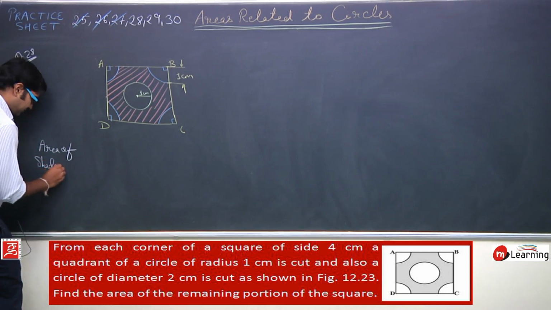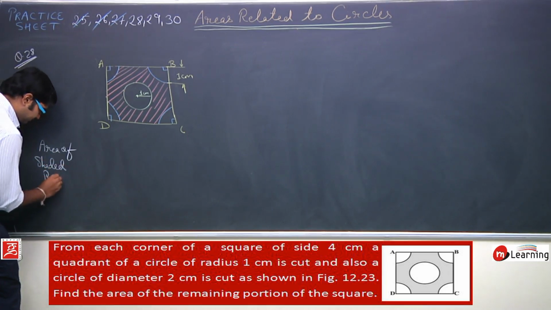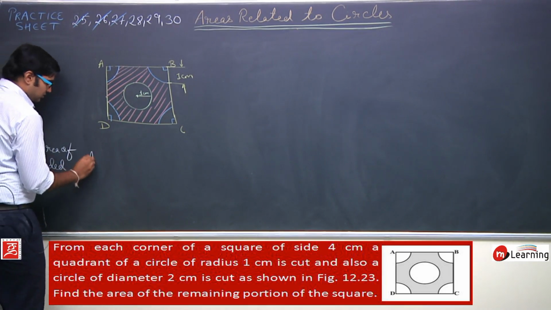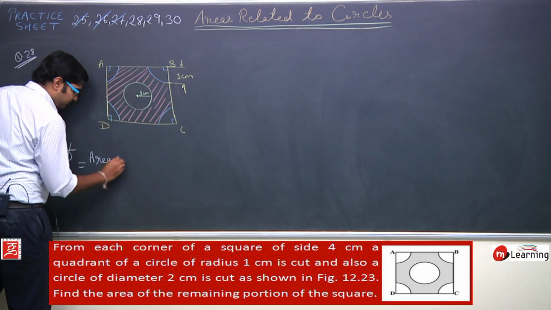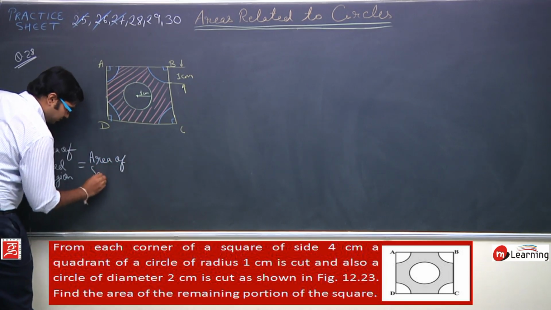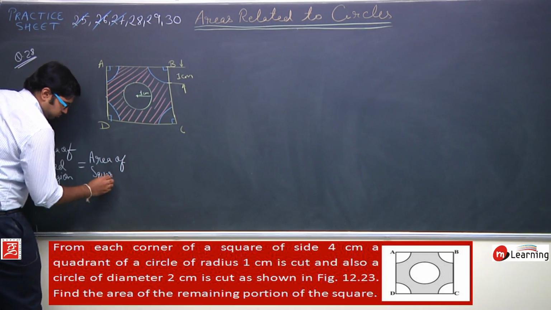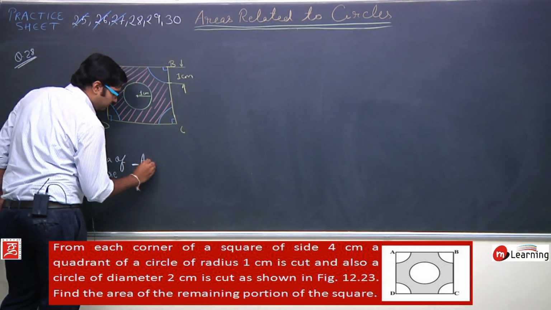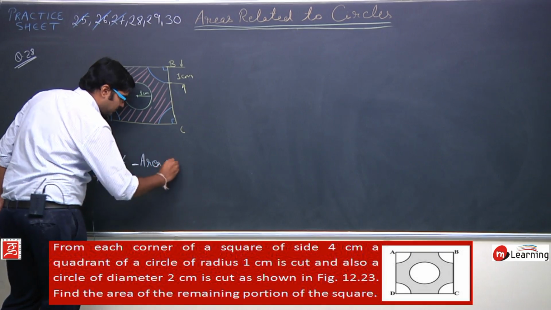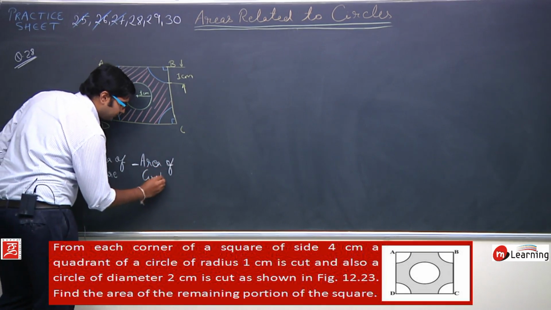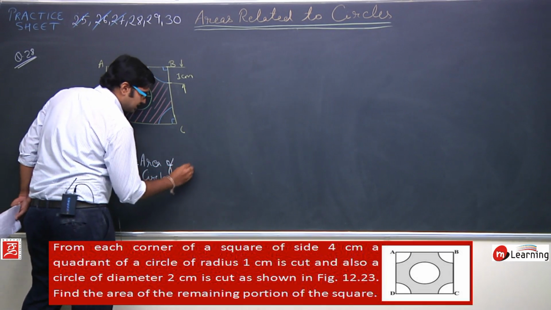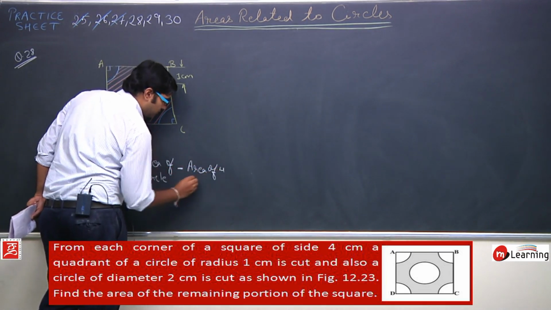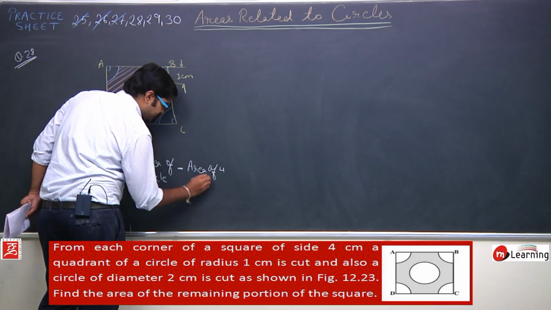shaded region is equal to area of square minus area of circle minus area of 4 quadrants.